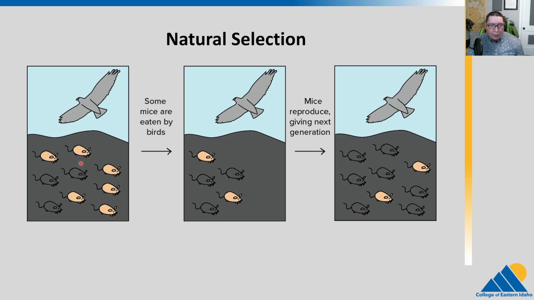The dark fur blends in well. The hawk is going to be able to spot the light-colored mice much easier, and it will probably eat and kill them. If it does that before they reproduce, the majority of the offspring produced by the fitter individuals will have dark-colored pigmentation, and over time we are observing evolution here.